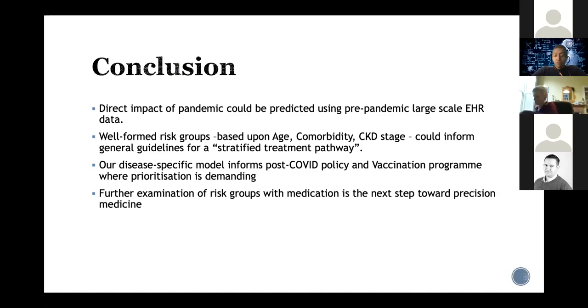And also we may need further examination over medications and other factors for hopefully devising stratified treatment pathways, and it could be a key for the next step toward precision medicine.